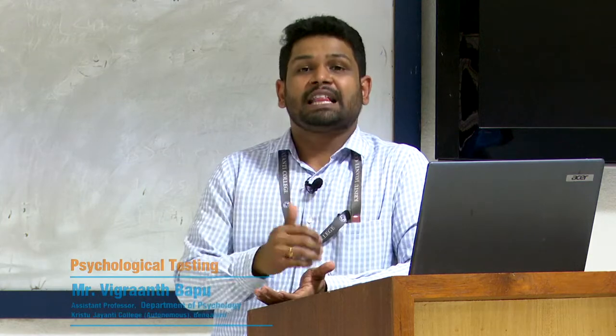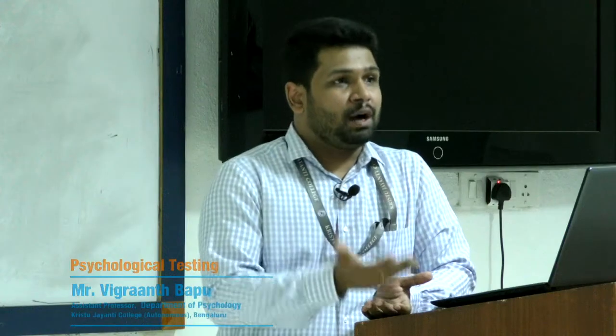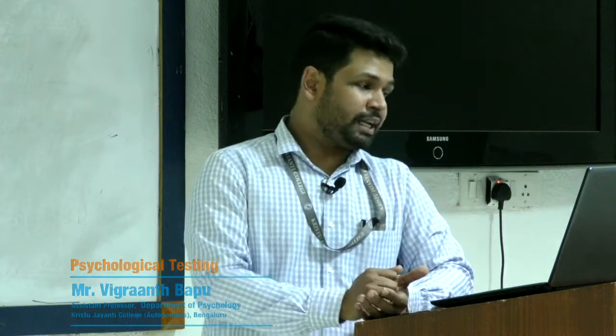For example, if you are going to assess the state of depression, we can administer Beck's Depression Inventory or the depression inventory by Hamilton. If we are going to assess the trait of depression, then it is better we go for the Minnesota Multiphasic Personality Inventory, which talks about depressive traits.